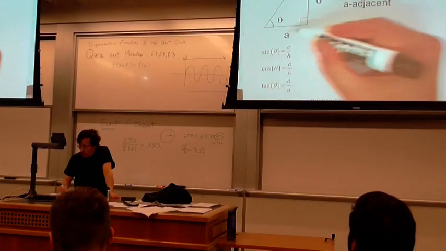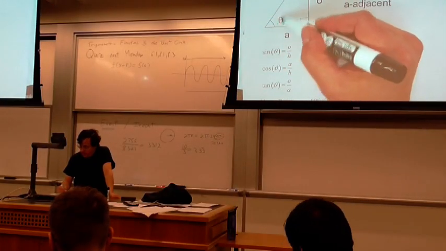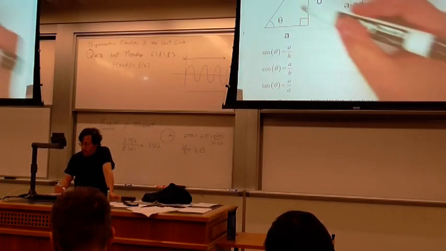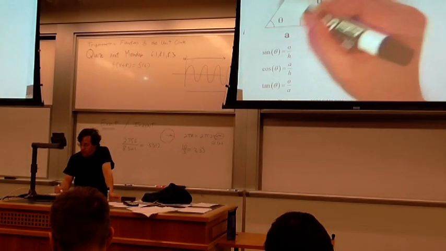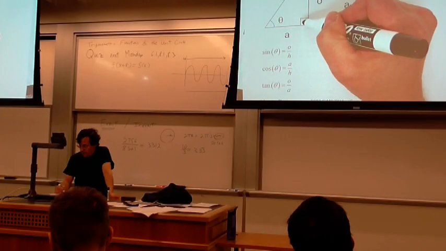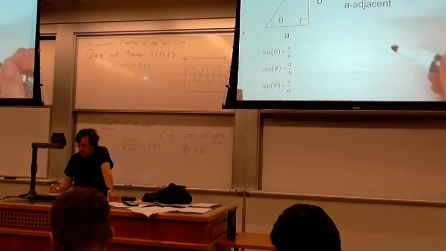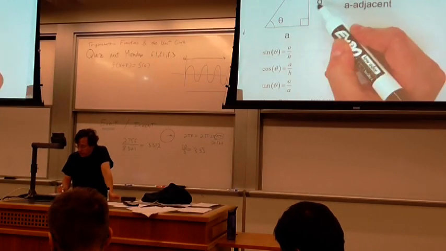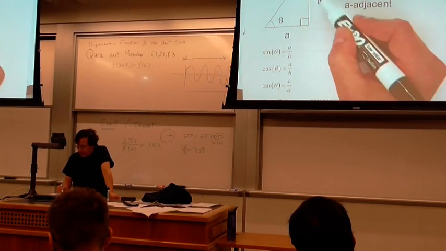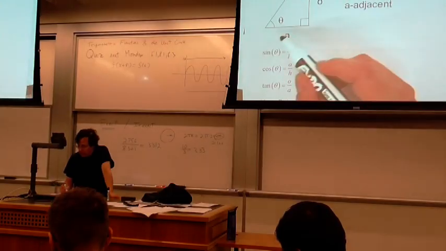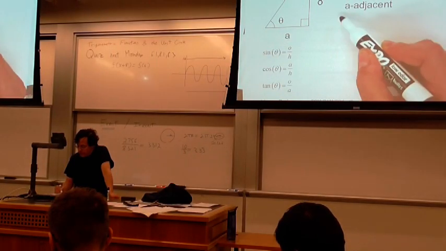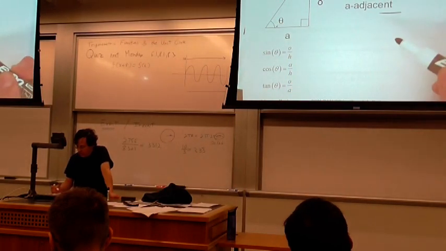You have a right triangle, you have an angle, and the right triangle has the longer side, of course, opposite the right angle, called the hypotenuse. The side across from the angle is called the opposite, and the side on the base here is called the adjacent to the angle.